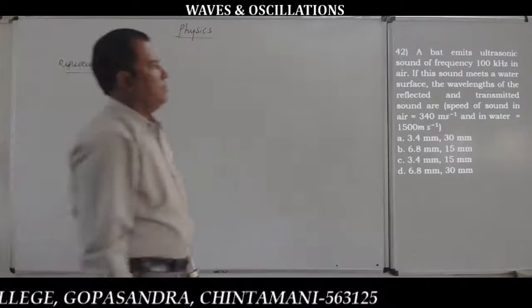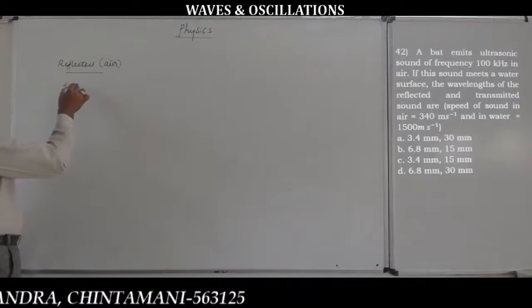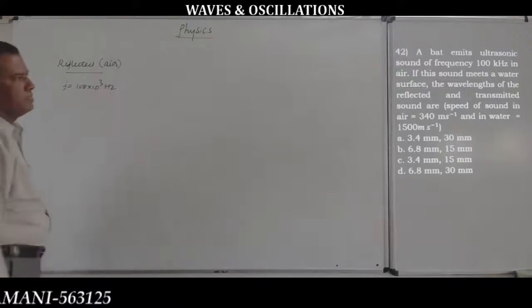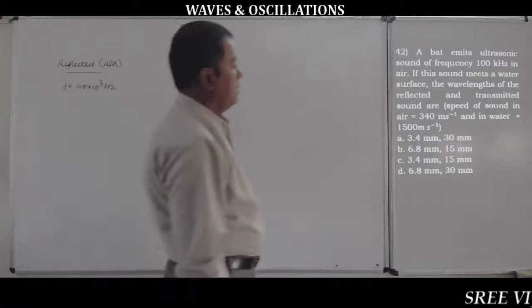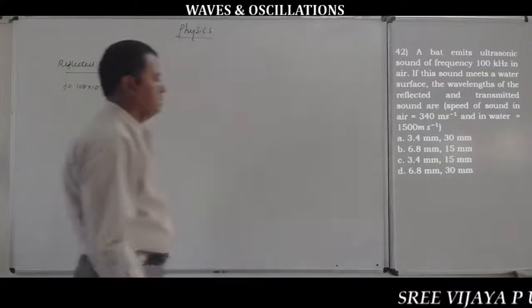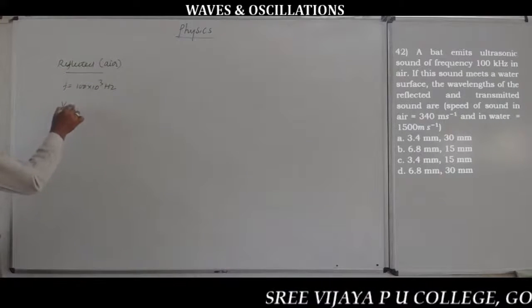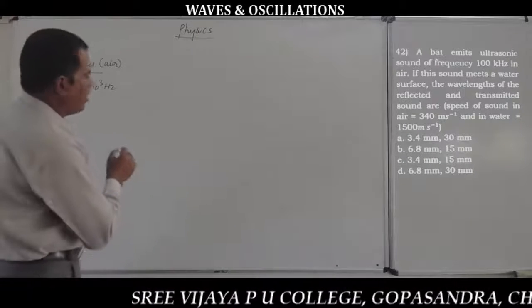So now the frequency in air is 100 into 10 power 3 hertz. He has given it as 100 kilohertz. That is the frequency in air. Speed of sound in air, let me consider as VA. It is given as 340 meter per second.